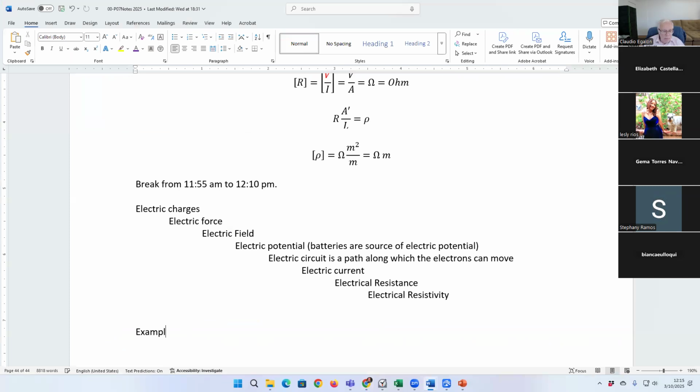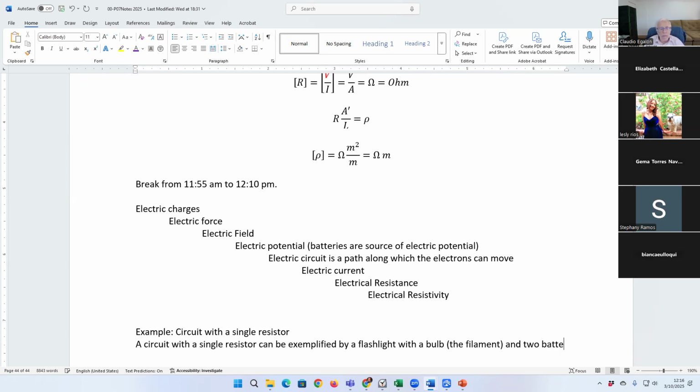example. Example, circuit with a single resistor. A circuit with a single resistor can be exemplified by a flashlight with a bulb, the filament, and two batteries connected in series.